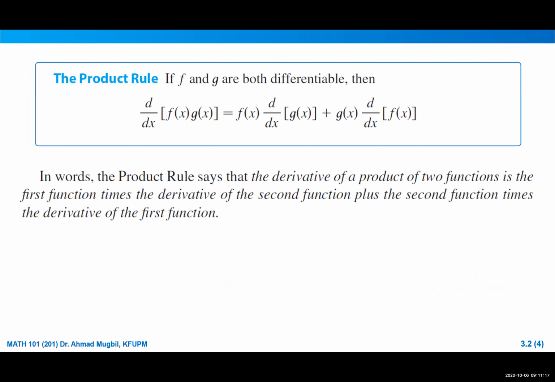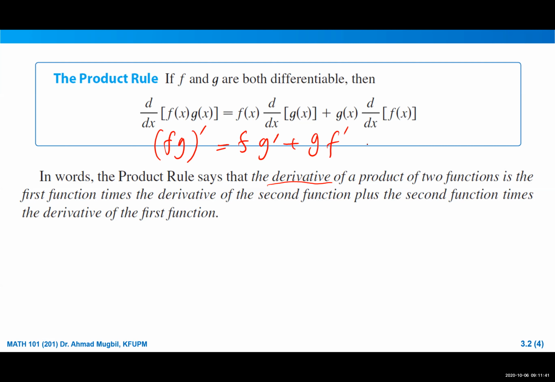In words, what the product rule says is that the derivative of a product of two functions is the first function times the derivative of the second function plus the second function times the derivative of the first function. If you say it like this, f g prime, you can just remember it as f g prime plus g f prime.